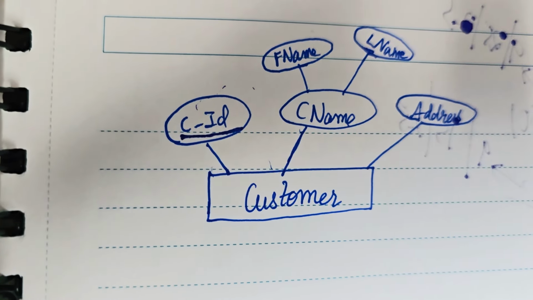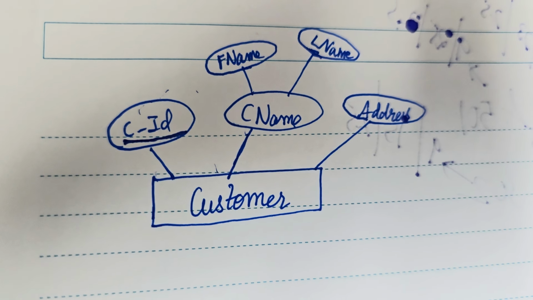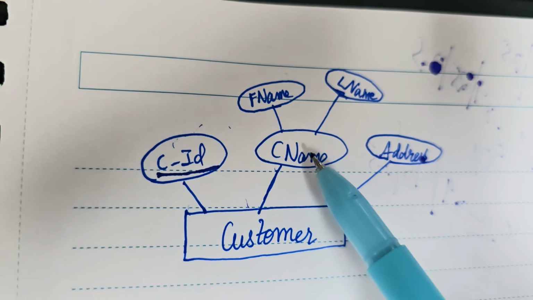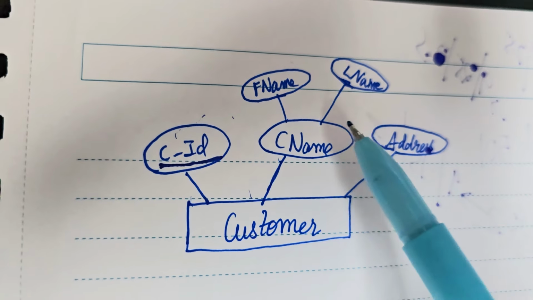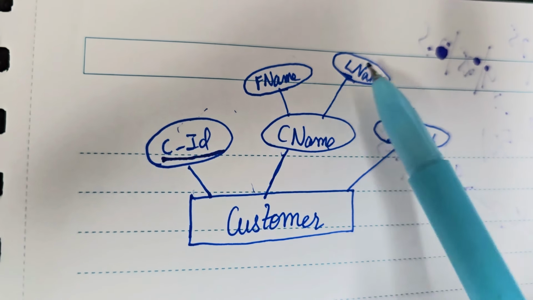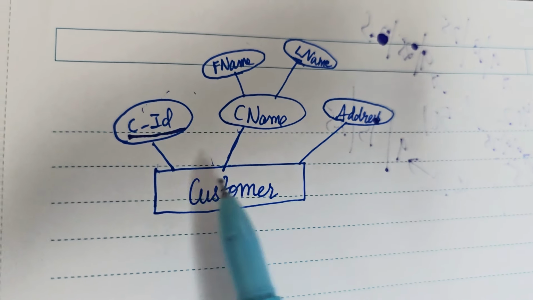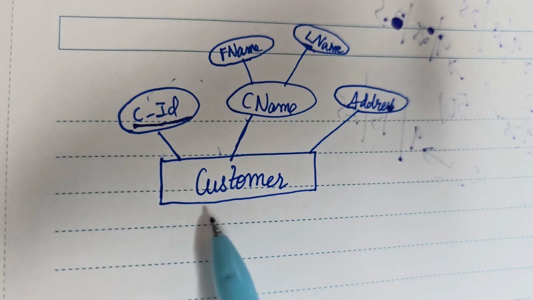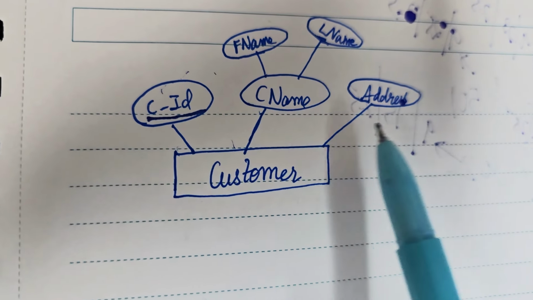Customer name and address are the two other attributes, and you can see that customer name is further subdivided into first name and last name. This makes CNAME a composite attribute. So this is how you represent an entity: the entity is always represented in a rectangular form and the attributes in the oval form.